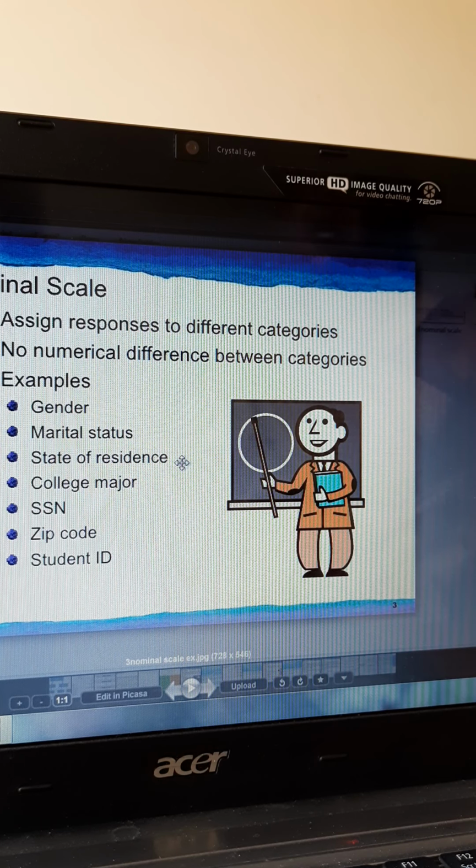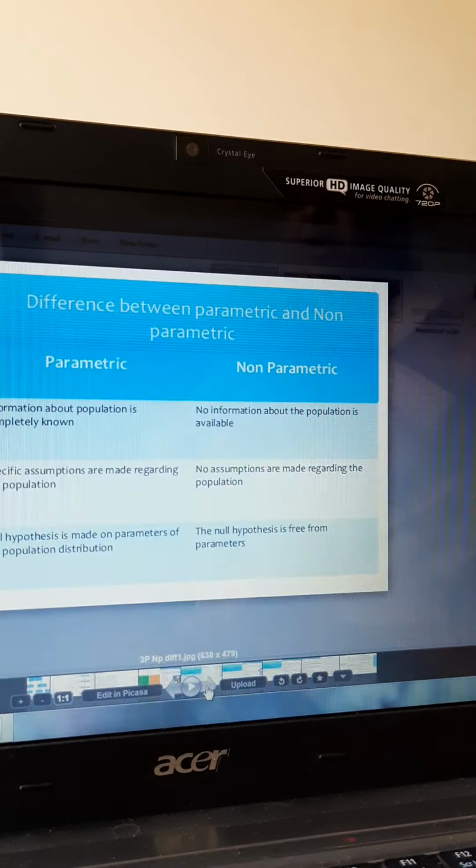Zip code. Here in India we call it PIN code. It cannot be continuous. Where do you live? I live in Bangalore 32. Student's ID, your USN number. Categorical data. Clear? This we have already done.